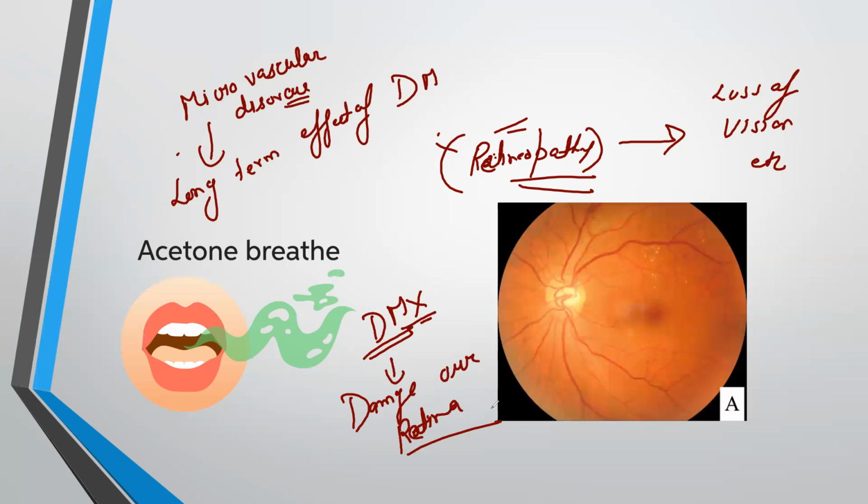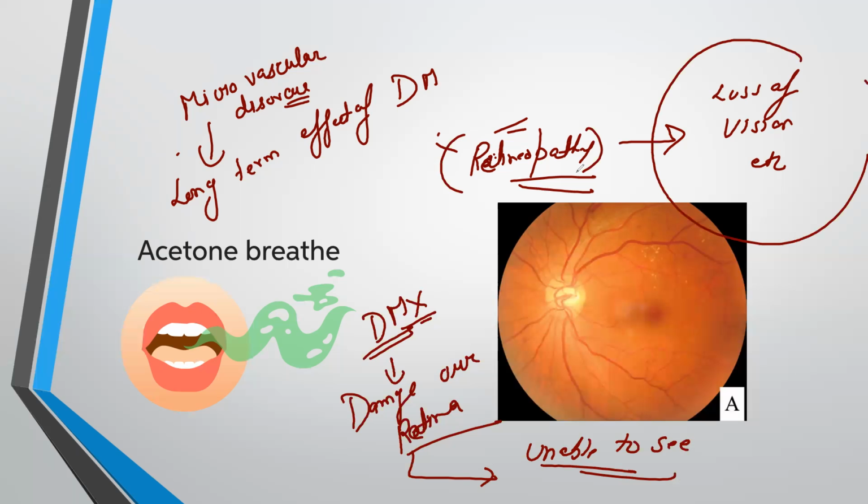When there is damage to the retina, the patient is unable to see due to loss of vision, because the retina is the inner part of the eye in which the image is formed directly, and only when the image is formed can the patient see.